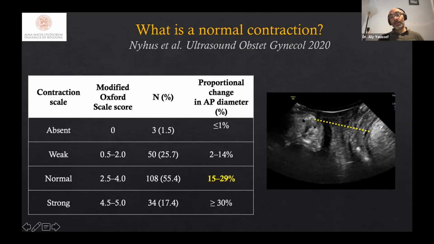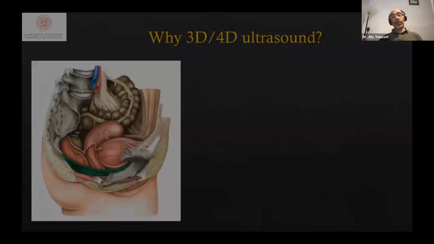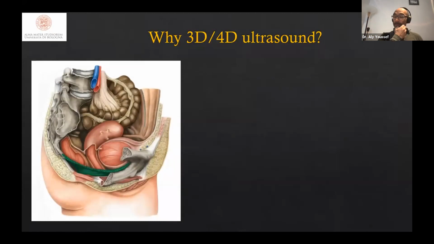This diameter should be reduced from rest to maximum contraction by at least 15%. Any reduction of less than 15% is a weak contraction, according to the recently published study by Neos and colleagues.